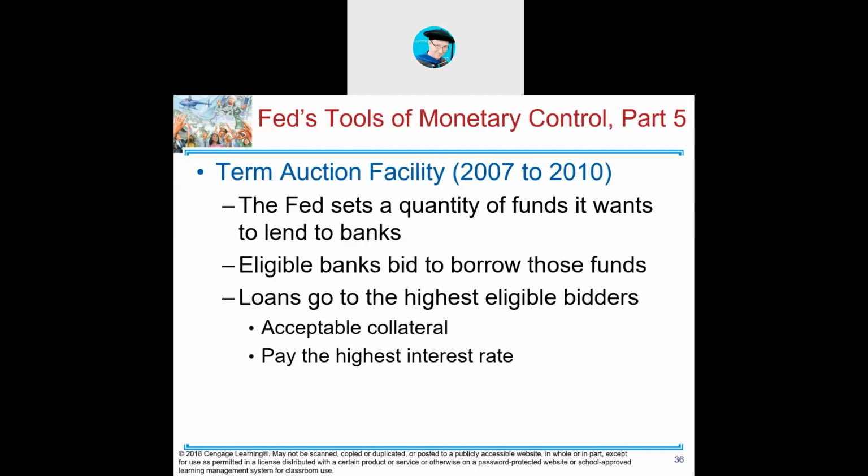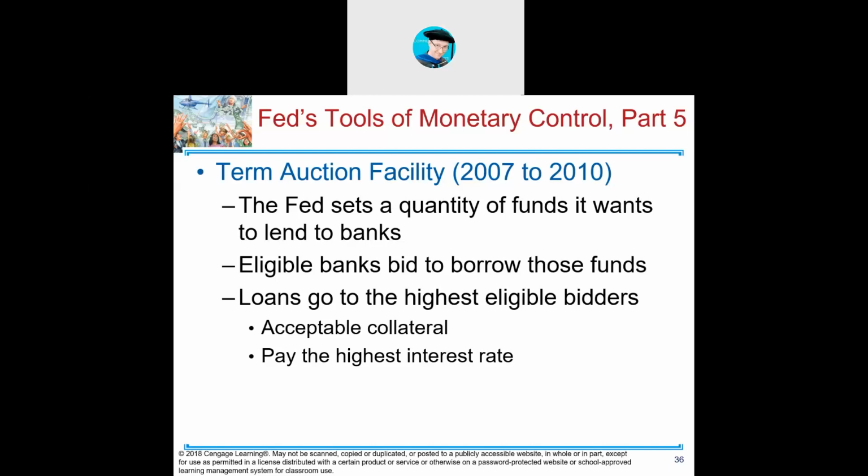At this point in time, the Fed set quantities of funds it wanted to lend to banks. And the banks would actually bid to borrow the funds. So it's kind of like saying, hey, banks out there, I've got $10,000 I'd like to lend to you. And if I've got 4 different banks, they would bid on those funds. Usually it went to whoever wanted to pay the highest interest rate.